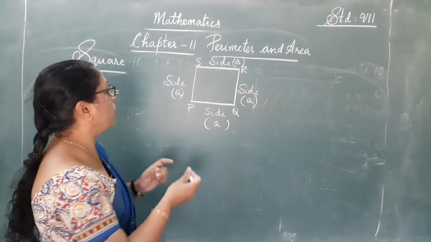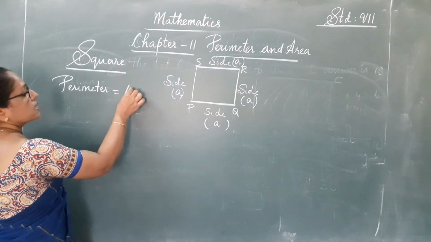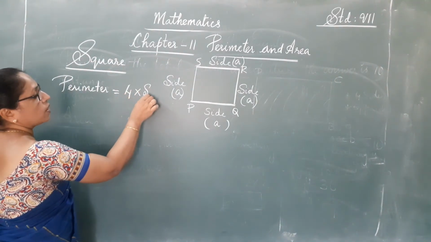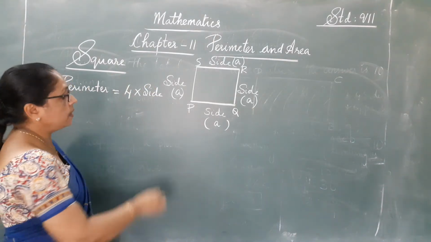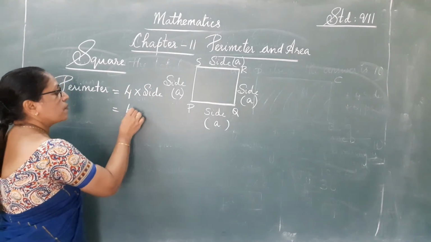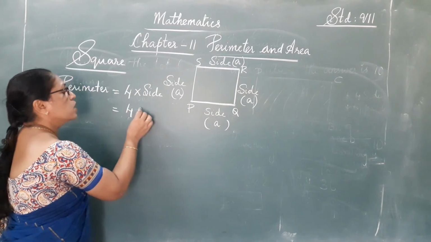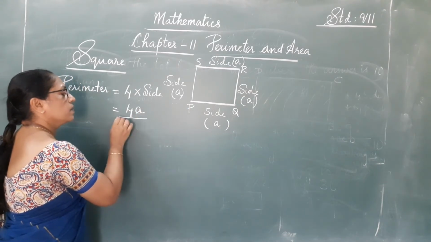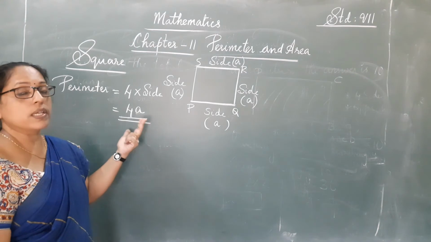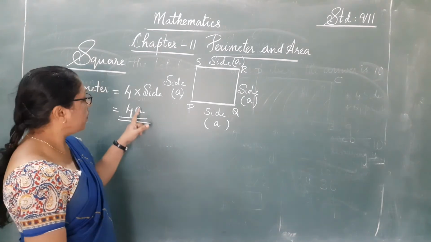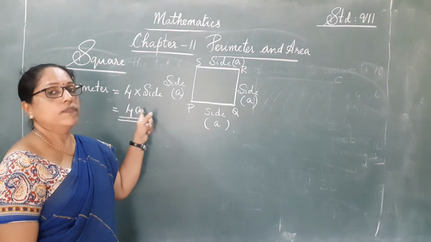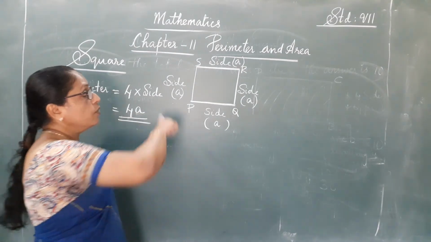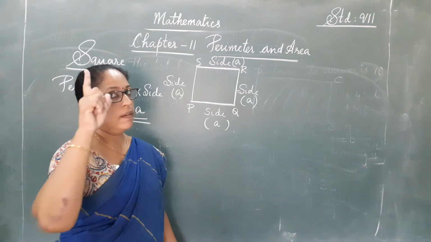Exactly, 4 times. So instead of writing side plus side plus side plus side, we put it in short form as 4 into side, or, if the side is represented by the letter A, 4A. Since you have learned algebraic expressions, we are putting the formula as an expression: 4 into side or 4A. So 4 sides make the perimeter.